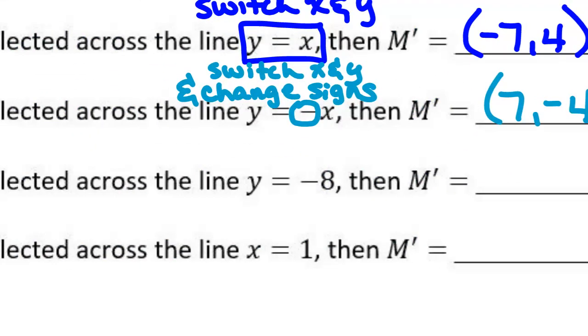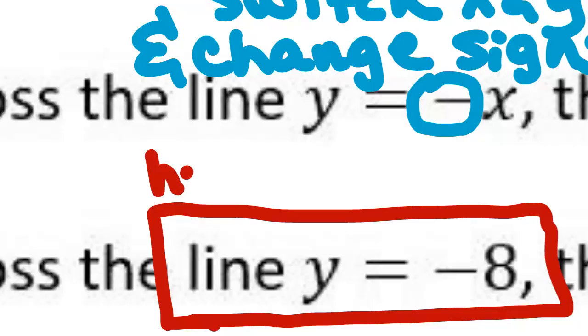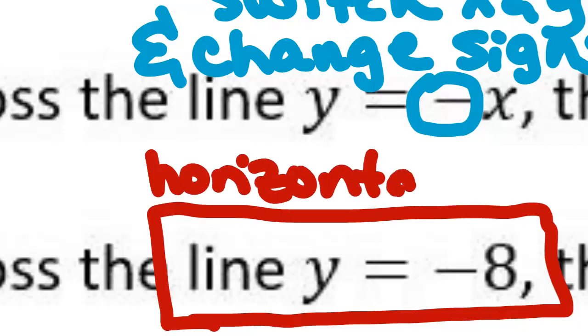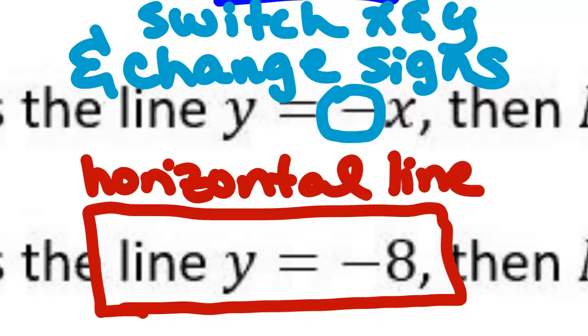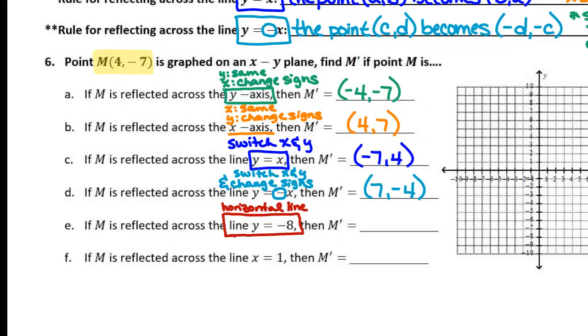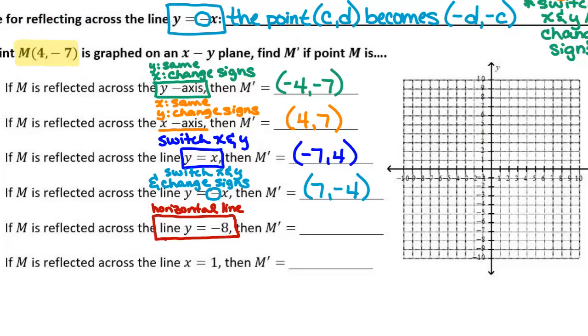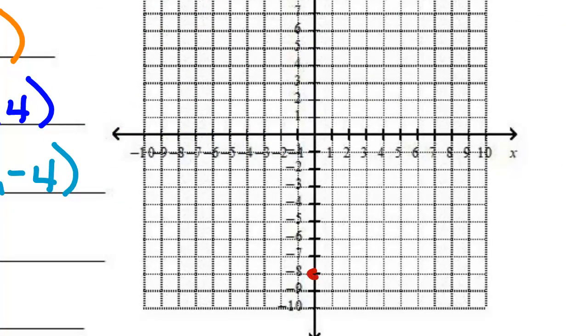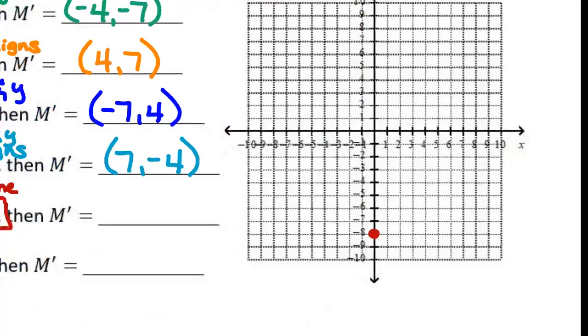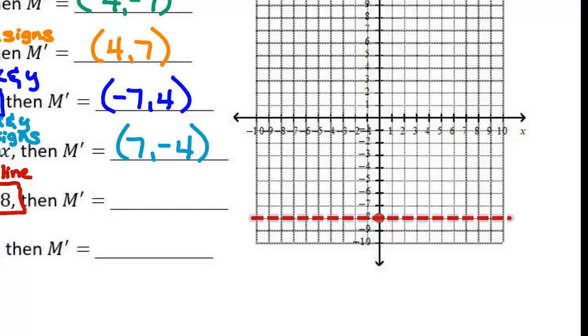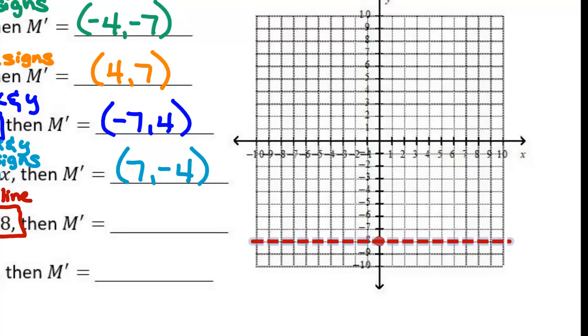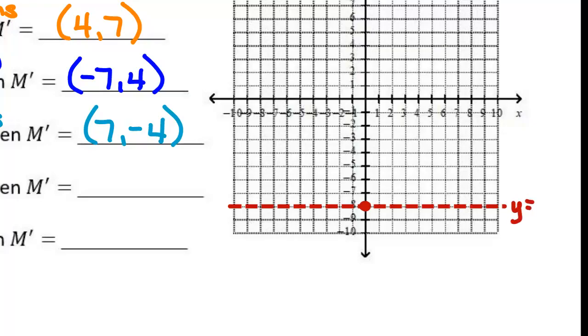Part E, we're going to reflect across the line y equals negative 8. This is a horizontal line. I know it has to be horizontal because it has a y equals, so that means it's going to go through the y-axis. So I go to the y-axis. I find negative 8 on the y-axis. That's right down here. And if it goes through that point, it has to go this way. This is y equals negative 8.